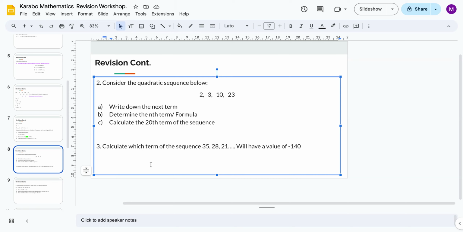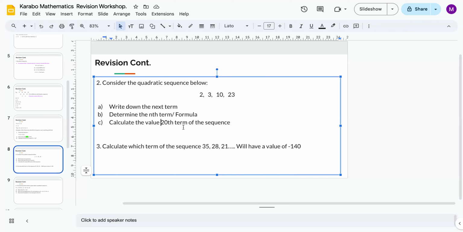Let me use our keyword there, value, and see if you remember what value means: calculate the value of the 20th term of the sequence. I'm going to give you 5 minutes to work out A. We'll go through A, another few minutes to go through B, and another few minutes to go through C, so you have time to think about the question, try it on your own, and if not, see where you're going wrong and correct that.